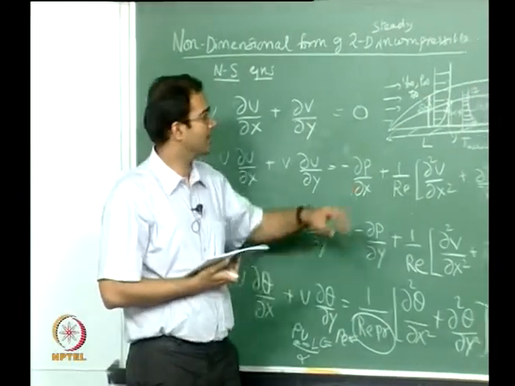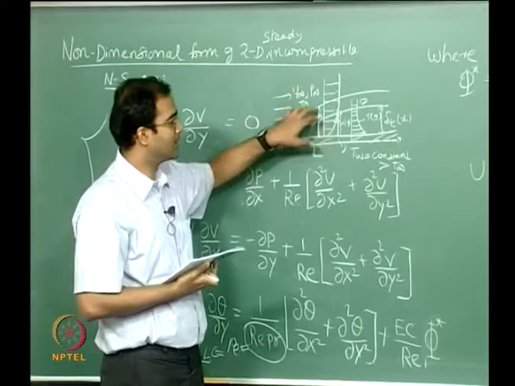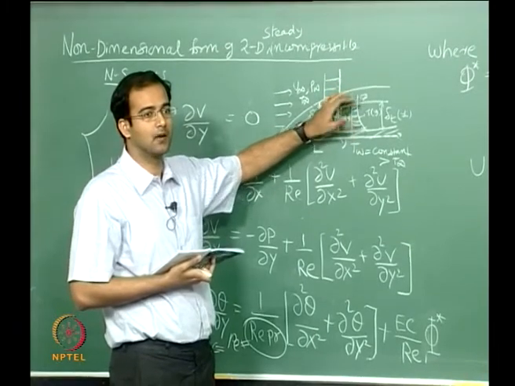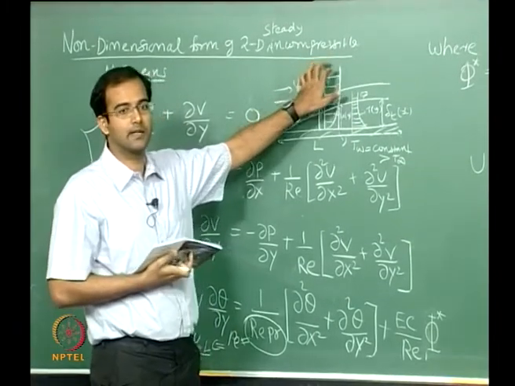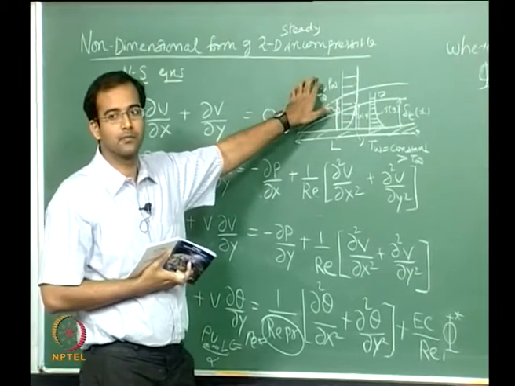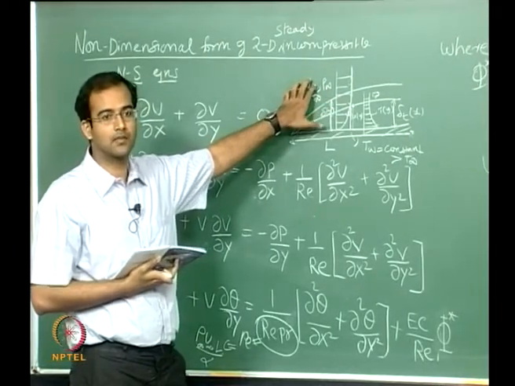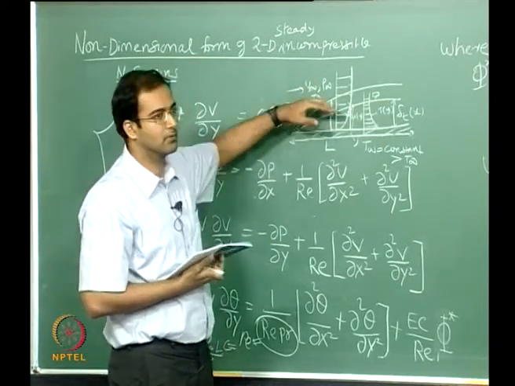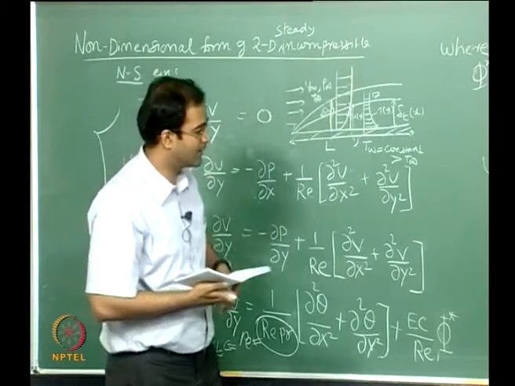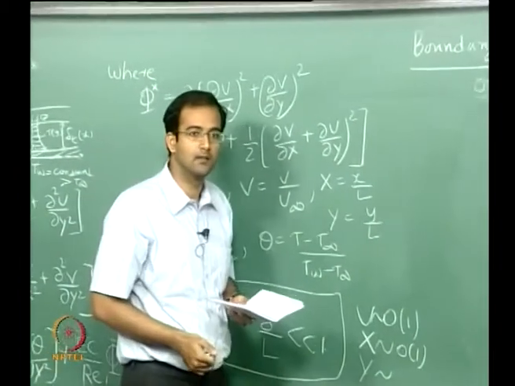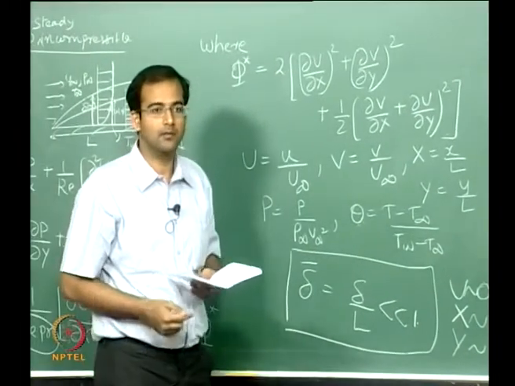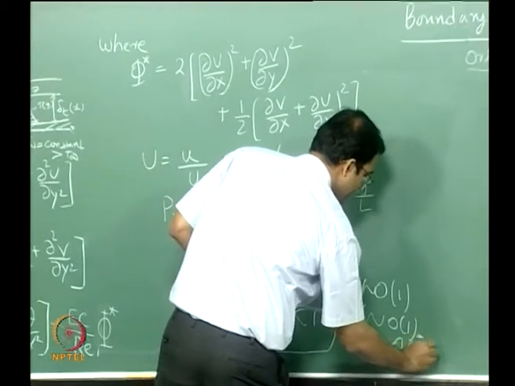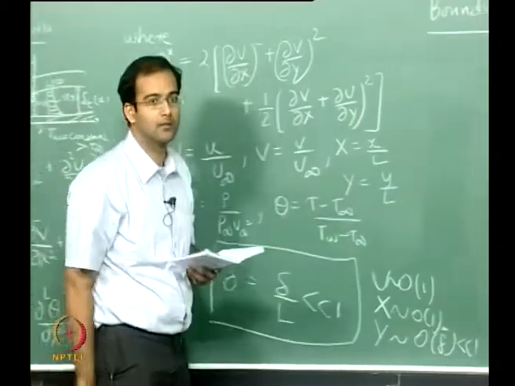The assumption is that the boundary layer is the region of interest because the viscous effects are very important here. Outside the boundary layer you can treat the flow as an inviscid potential flow, so you do not have to solve the full Navier-Stokes equation. Therefore I will confine my domain to the extent of the boundary layer. So my y extent should be of the order of delta bar, which is of course much less than 1.